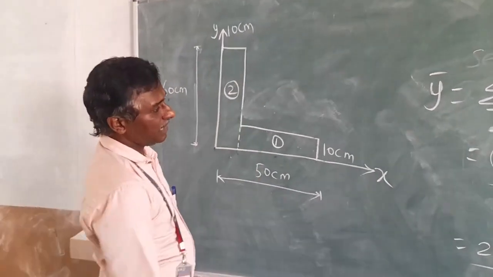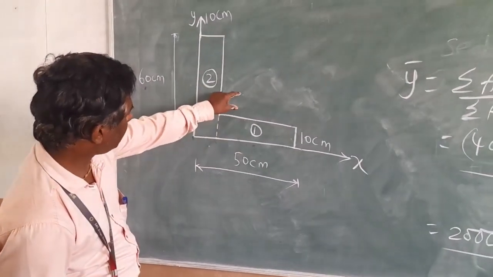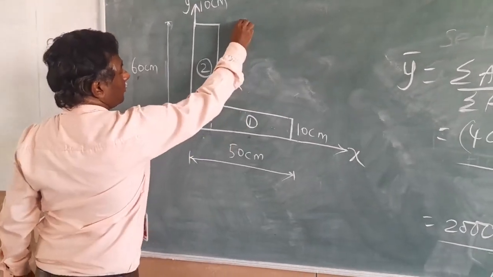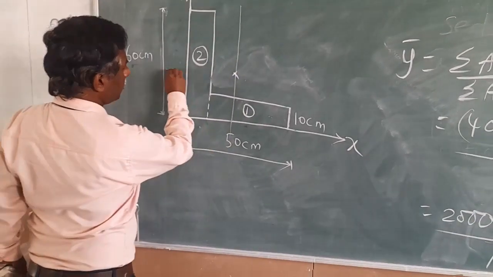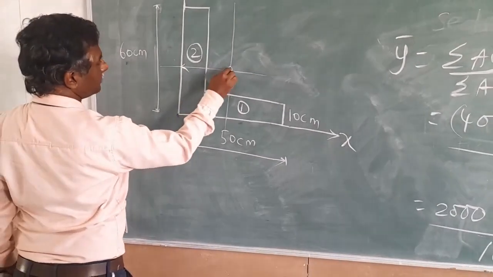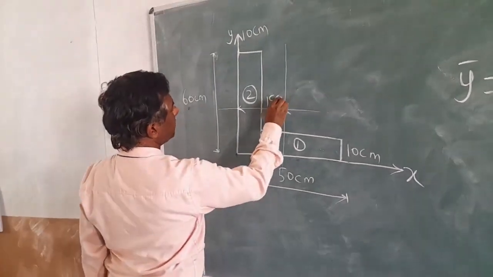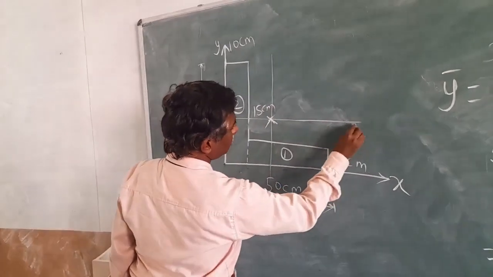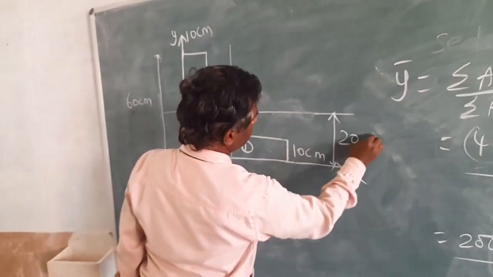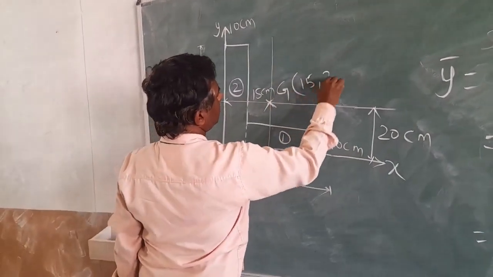And y bar equal to 20 means 10 plus another 10. So this is a point. From here to here this is 15 centimeter, and actually this is 20 centimeter. This is the centroid, 15, 20.